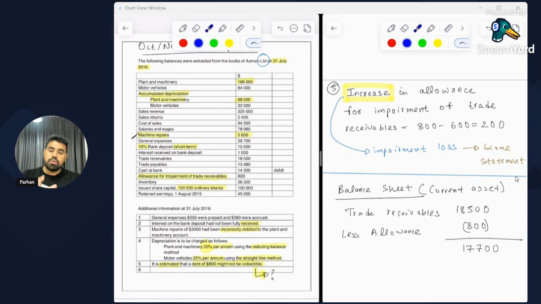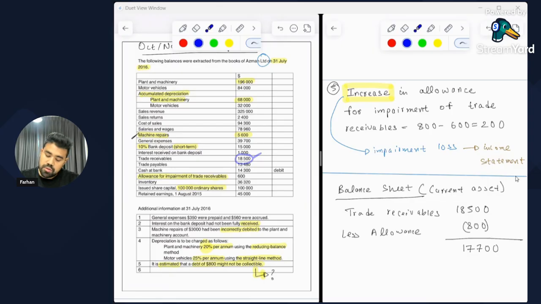Now, when you prepare the balance sheet, all right, so here I have an extract for the current assets section. So when you prepare the balance sheet, you will show the trade receivables, who are also known as the credit customers of the business. So the gross amount or the original amount of trade receivables that we are given here is 18,500. Do you see? I'm just highlighting on the left-hand side.